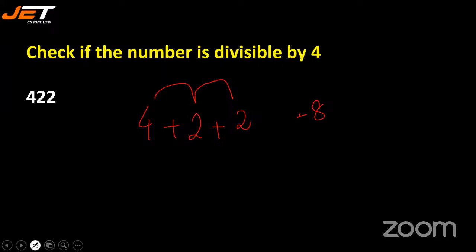Oh, sorry, no, this is the divisibility rule of 4. I'm so sorry. You just need to see the last two digits. Is 22 divisible by 4? No, it is not. Because we see 4 times 5 is 20, 4 times 6 is 24. So 22 is not there. That means 422 is also not divisible by 4.